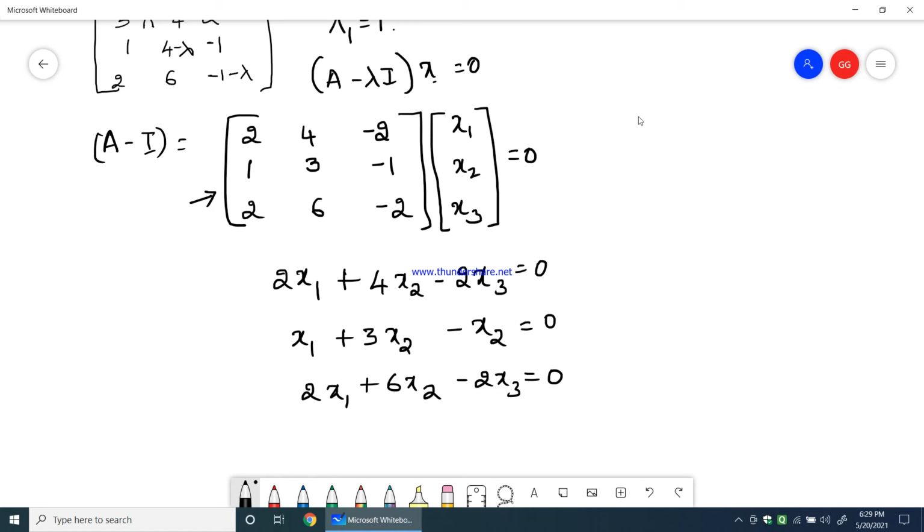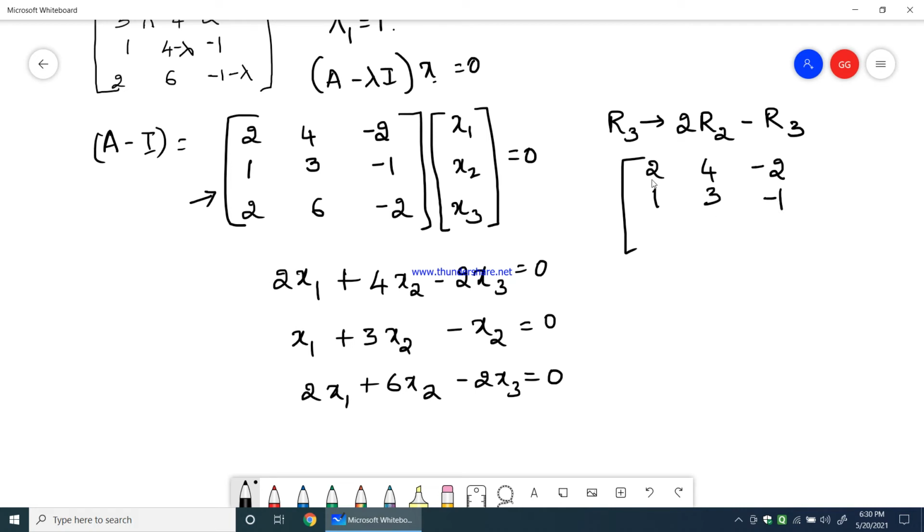So what I'll do is I'll try to take R3 equal to 2 times R2 minus R3. So let us see what happens. Therefore it is 2, 4, minus 2, 1, 3, minus 1.